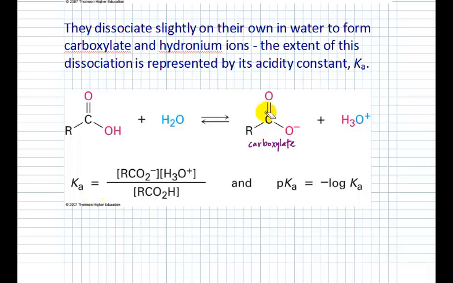So the concentrations of the two ionic products over the concentration of the molecular carboxylic acid. In the case of acetic acid, it's on the range of 10 to the -5, something like that. Meaning at equilibrium, we have a large excess of the whole carboxylic acid, and only a small amount has dissociated on its own. But that small amount does produce hydronium ions, which makes carboxylic acid solutions acidic, right?